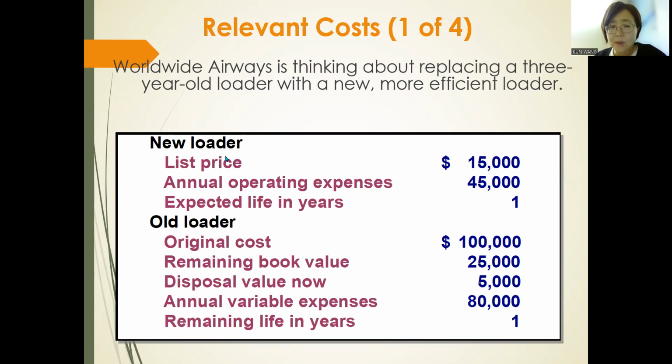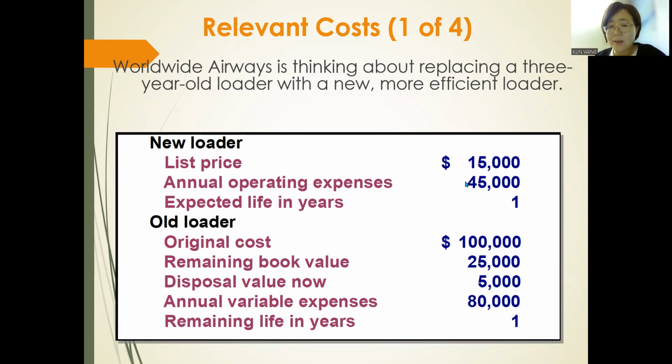For the new loader, the purchase price is definitely relevant because this is a differential item. If you keep the old one, you don't need to spend this 15,000. So 15,000 is relevant, a new cost.